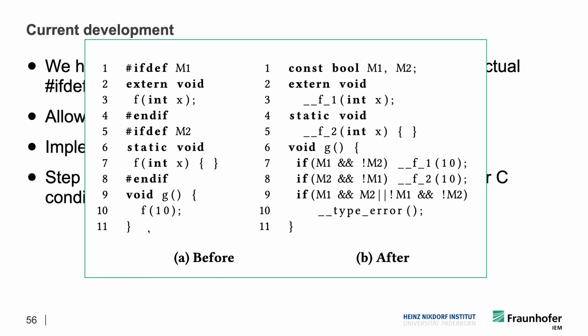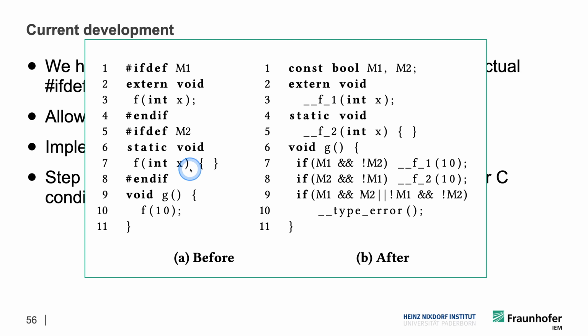Now, what does this lifting or this desugaring actually give you? Well, it's basically, first of all, renaming this function here, okay? We have to do this because we are now putting both of these definitions into the same code base, right? So you basically cannot have both of these at the same time.